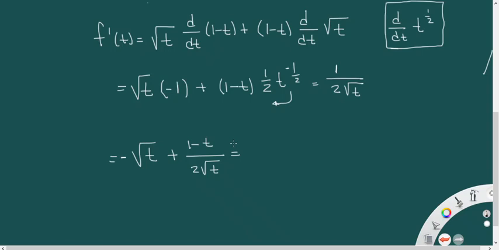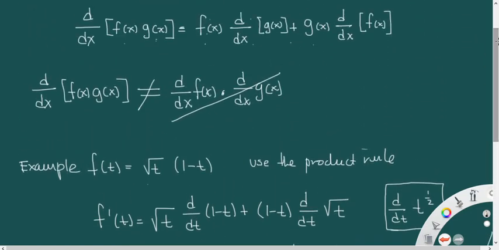So this is going to be equal to 1 minus 3 times t divided by 2 times the square root of t. Okay, and this is the result of this product of functions that we already derived.